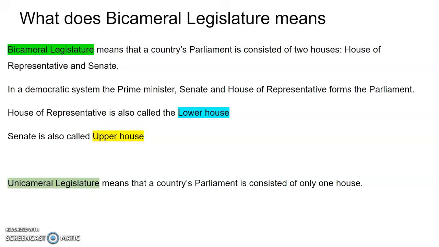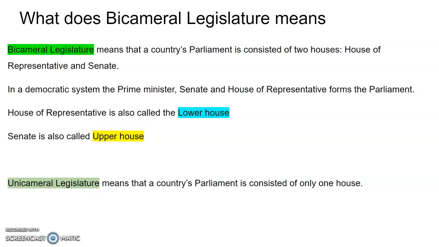Bicameral legislature. Remember we said that bicameral legislature means that there are two houses in parliament. A country that has a bicameral legislature means that there are the House of Representatives and the Senate in Parliament.